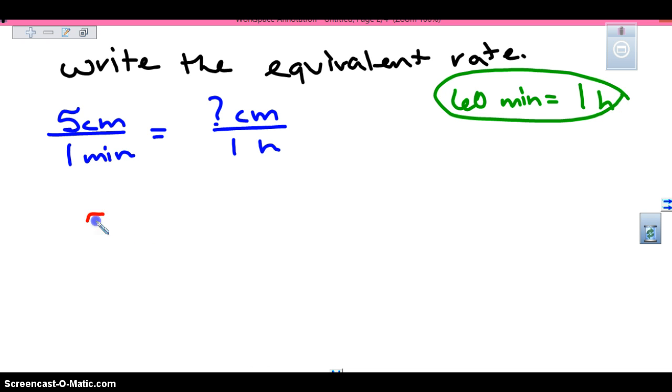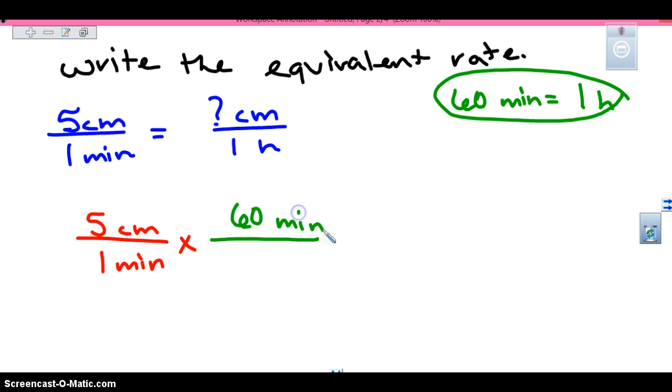We can say 5 centimeters over 1 minute times our conversion factor, in this case, 60 minutes over 1 hour. Now I want to get rid of the minutes and end up with the hours. I want the hours in the denominator. That's why I set it up like this. 5 times 60 is 300 centimeters in 1 hour.